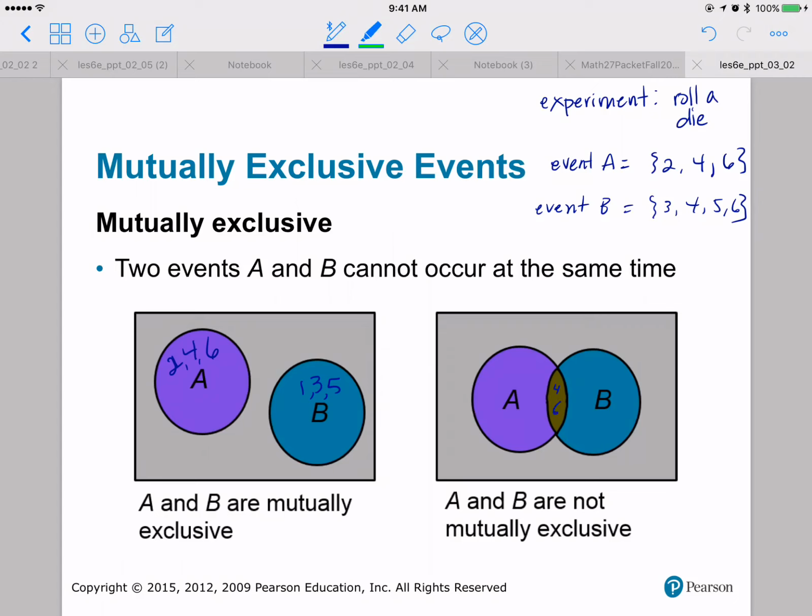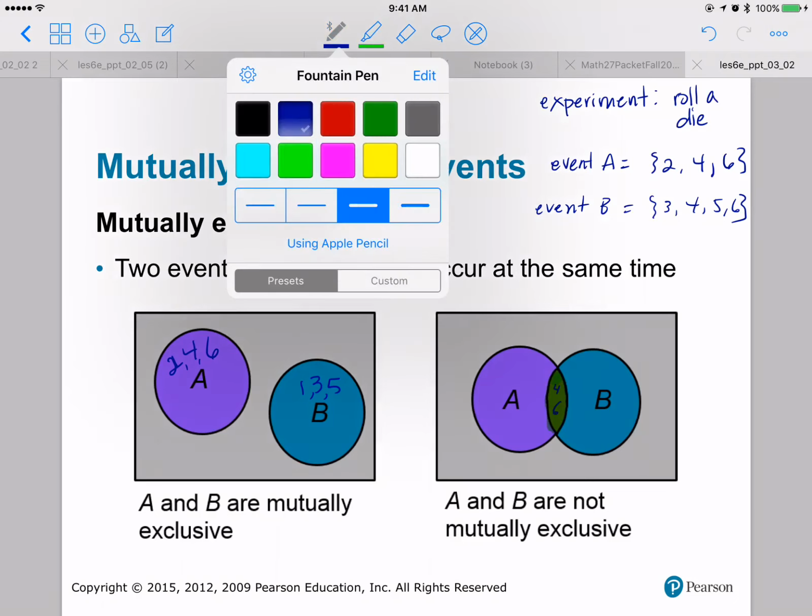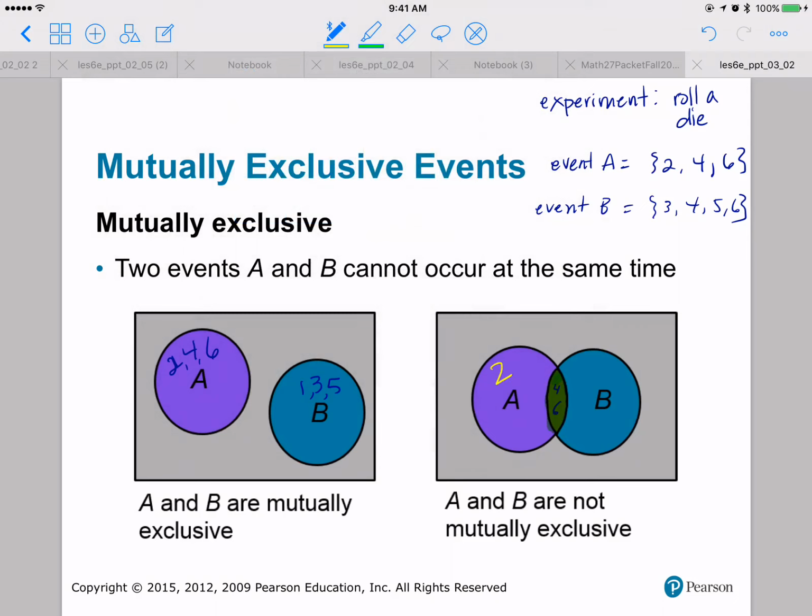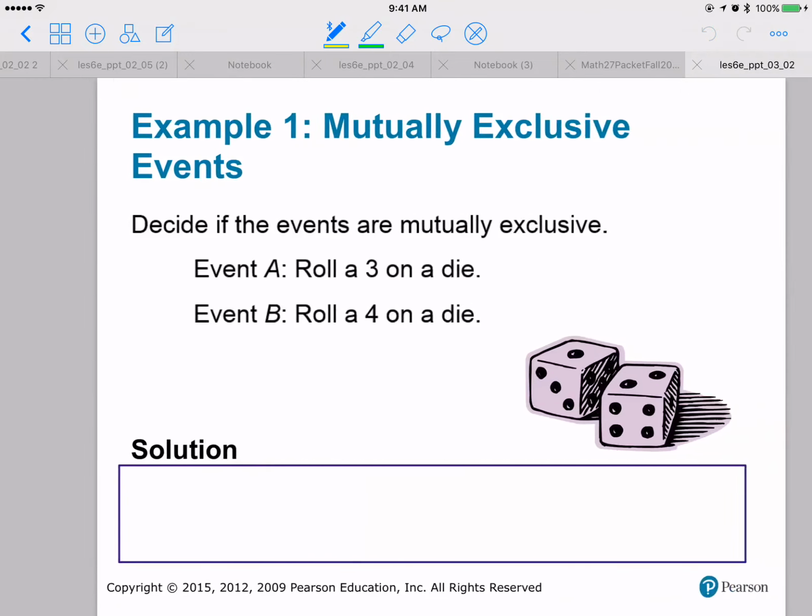For our picture, we would have 2 over here, and then we'd have 4 and 6 in the overlap. Event A is 2, 4, and 6. And now event B is going to be 3, 4, 5, and 6. So A and B are not mutually exclusive.